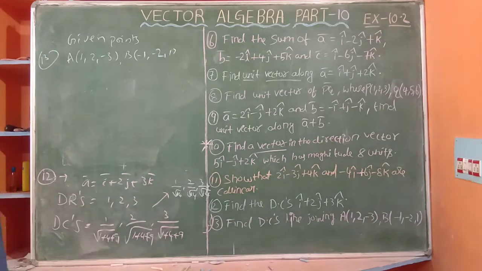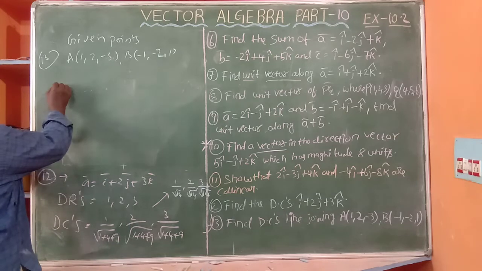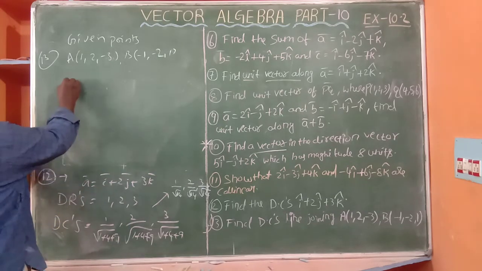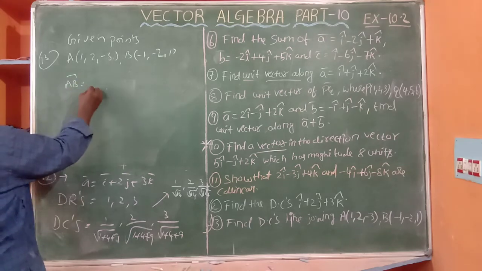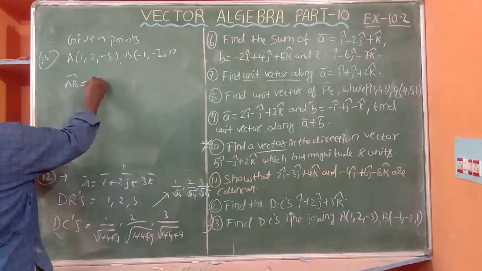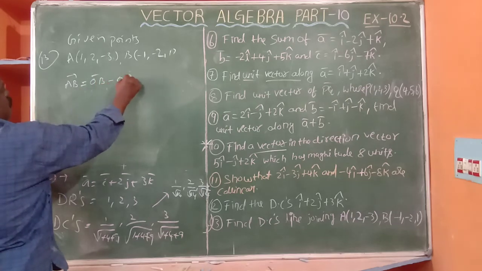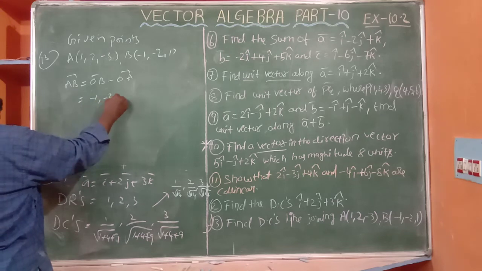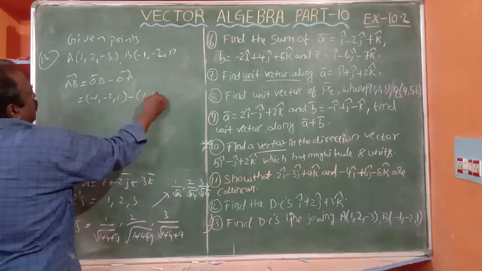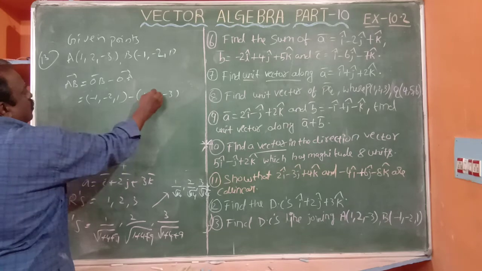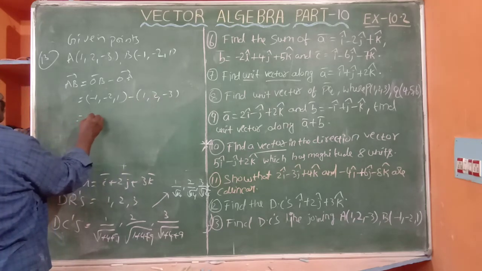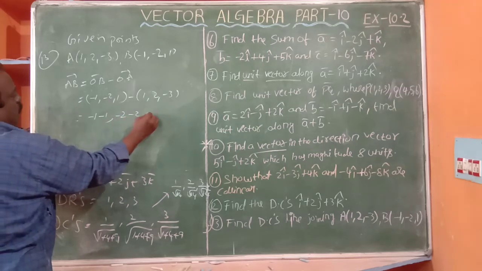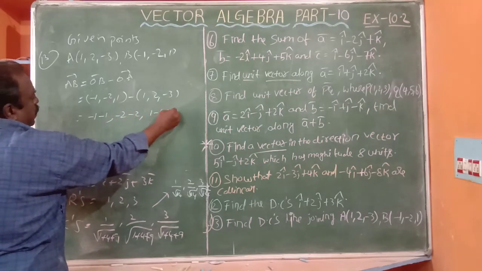Now, joining from A to B, in the textbook you verify, from A to B is given. So AB bar means OB bar minus OA bar. That is minus 1, minus 2, 1 minus 1, 2, minus 3.